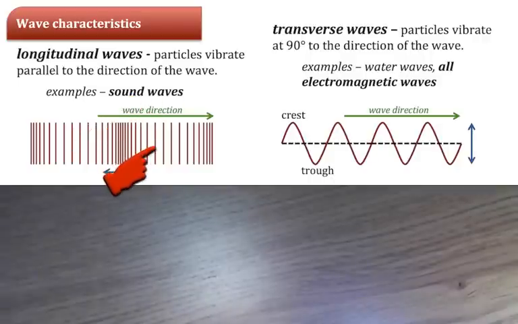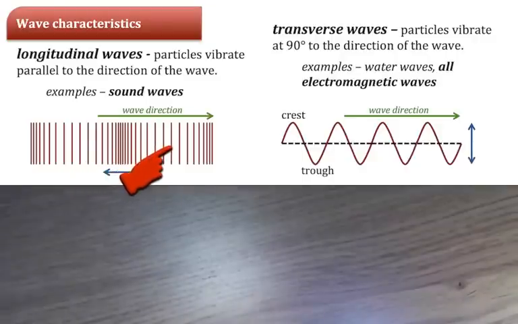In this, if you imagine, let's say just here is an air particle, then as the wave is moving from left to right, the air particle itself is moving from left to right as well. So the actual particles, the air particles in that case, they vibrate parallel to the direction of the wave. And this here, I guess this would be where the air particles are squeezing together, known as a compression.